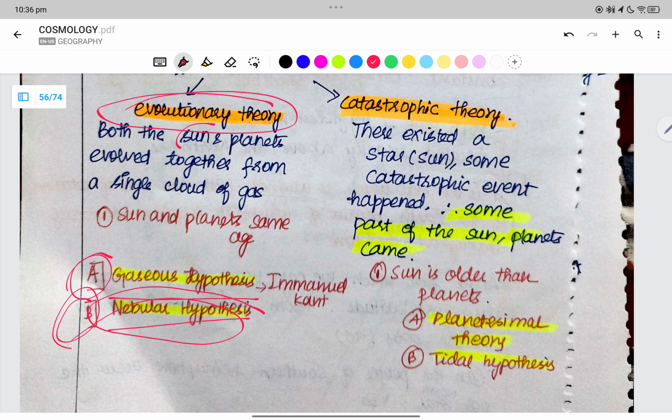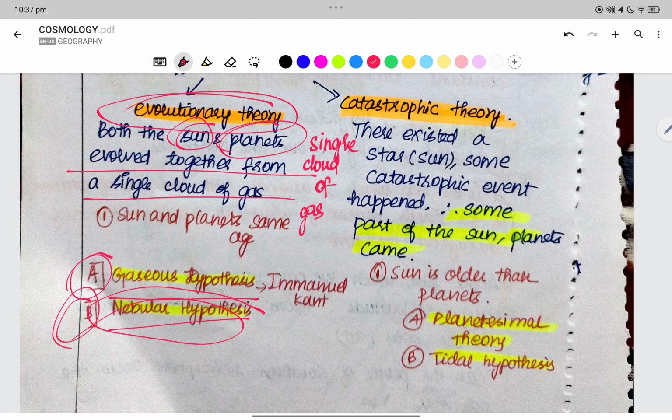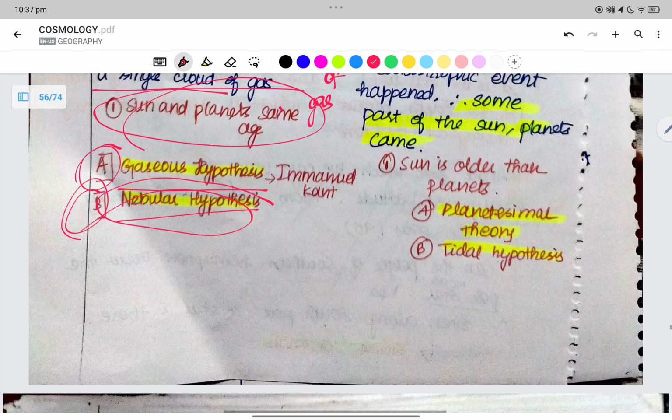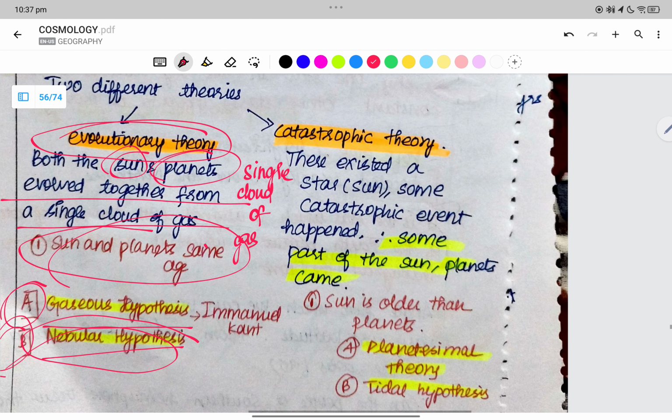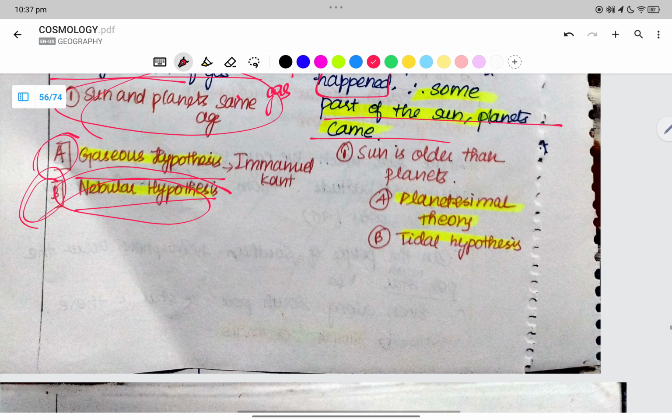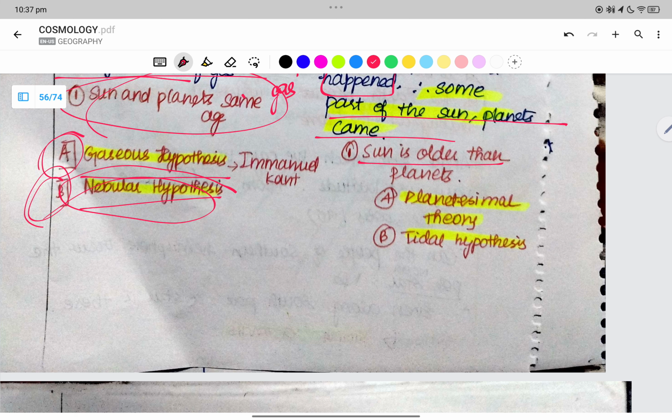Evolutionary theory is when both the sun and the planets evolve together from a single cloud of gas. Therefore, we say the sun and the planets have the same age. In the catastrophic theory, the sun already existed, but due to some catastrophic event, some part of the sun came out in the form of planets. The sun is older than the planets.